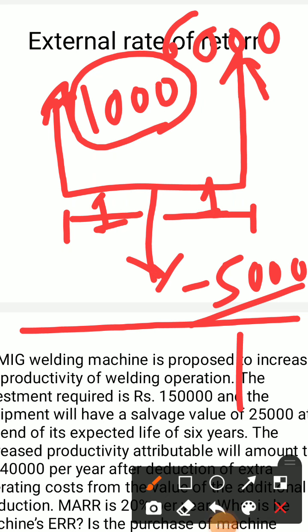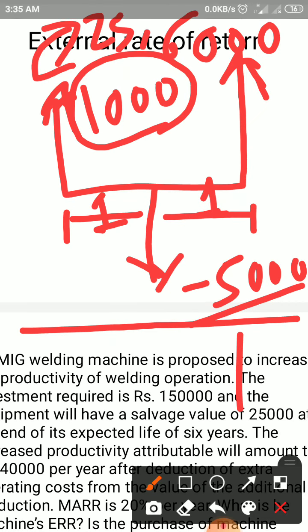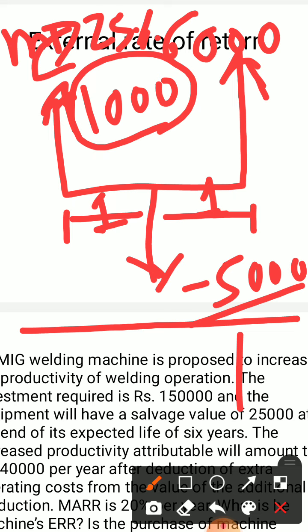This 1,000 the company now invests in another project. Suppose it is invested at a particular interest rate of 25%, the MIRR value.